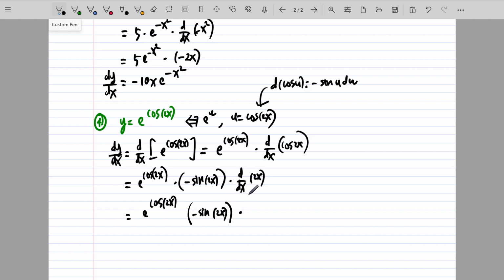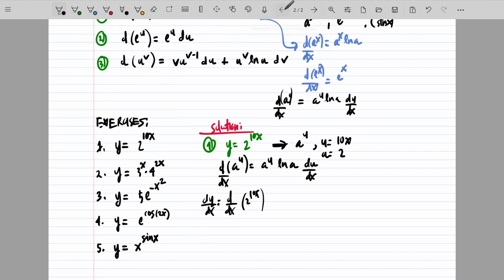Then, derivative ng 2x is simply 2. So, simplifying yung 2 tsaka negative, lagay mo sa harap. So, negative 2 sine of 2x e raised to cosine 2x. So, yan yung ating derivative ng e raised to cosine of 2x. Alright?